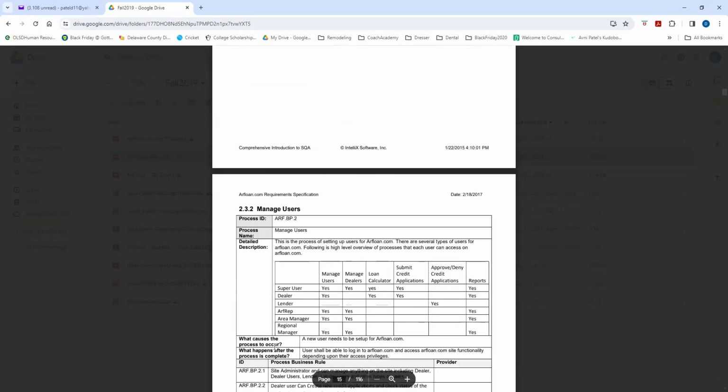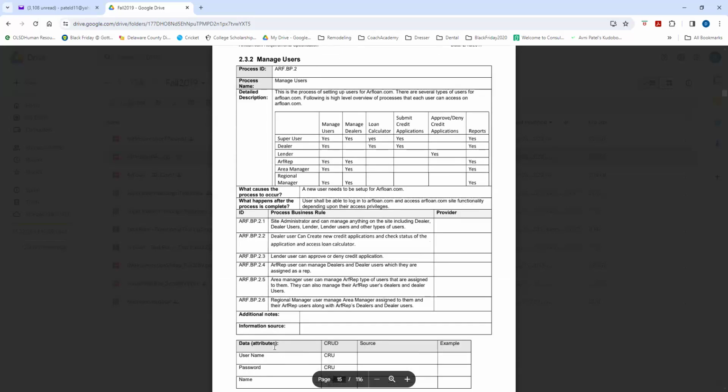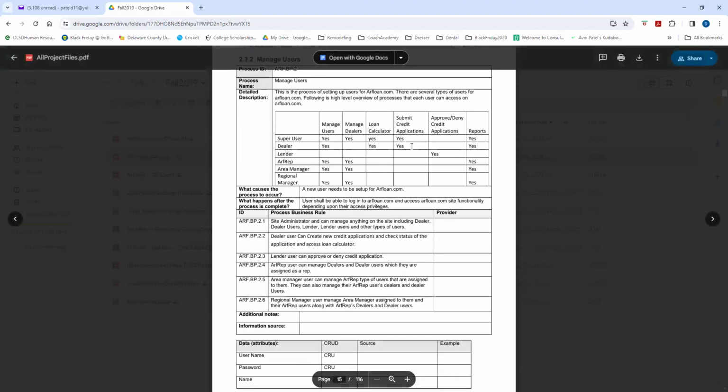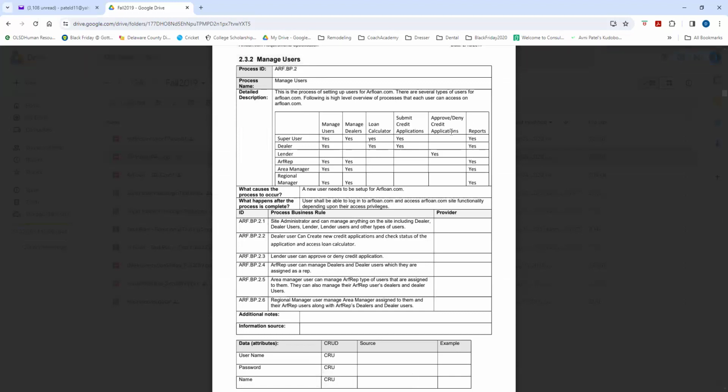All right. So ready to go to manage users? Yes. Okay. So if you look at this one, it talks about all the functionality, and then it talks about what type of user role can access that functionality, right? A lot of times you will hear something like super user or site administrator.